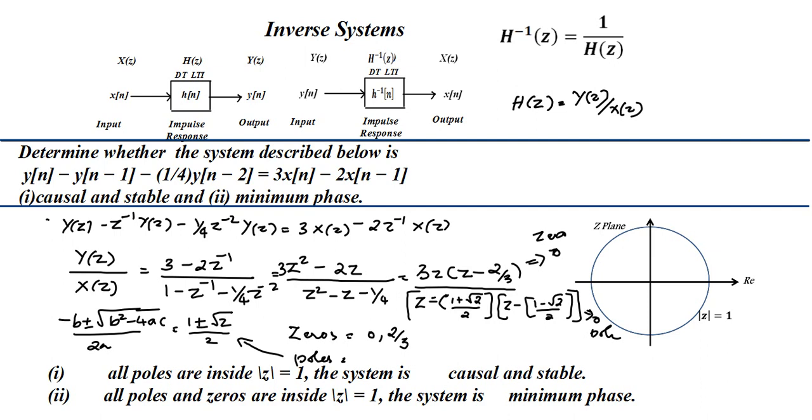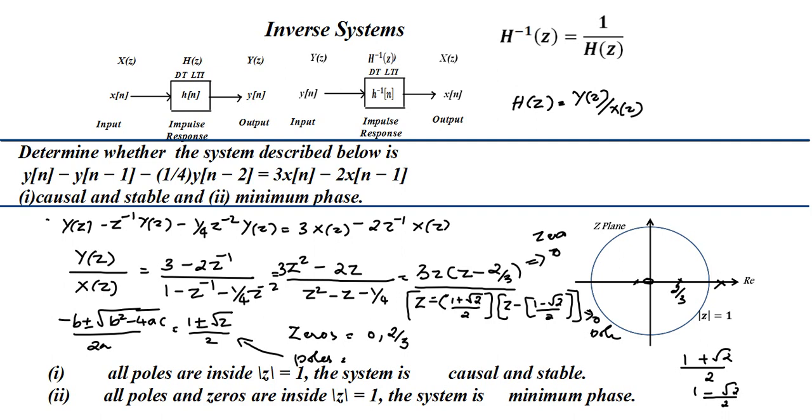If you look at this, the zeros are inside: one zero is at 0, one is at 2/3, somewhere here. Next, (1 + √2)/2 is definitely outside the unit circle, and (1 − √2)/2 will be somewhere here, a negative value.